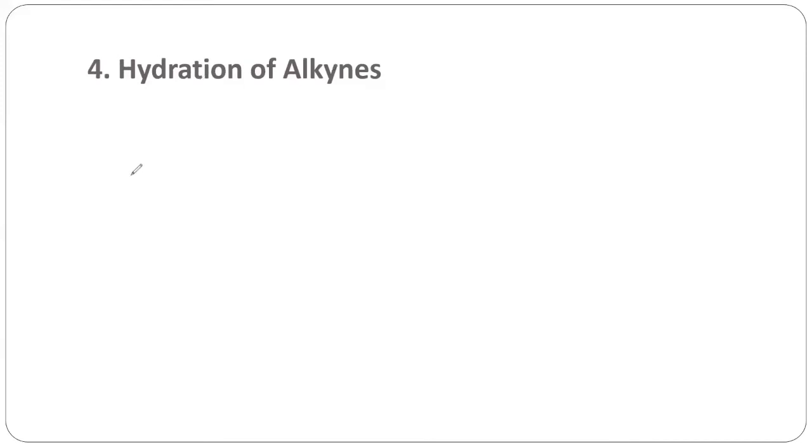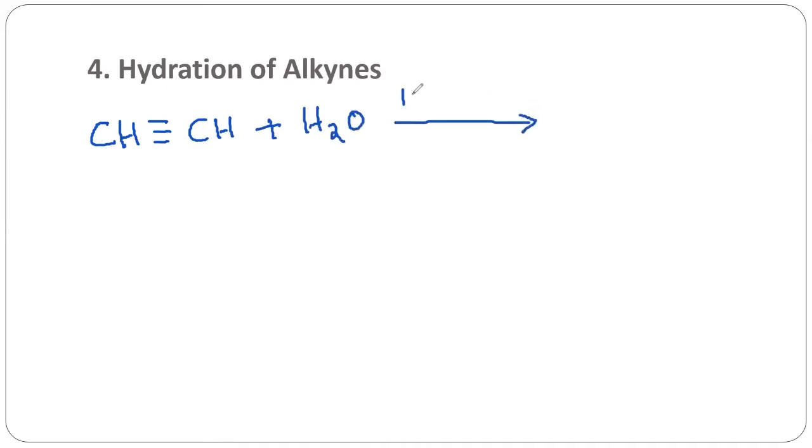Another method is the hydration of alkynes. Let us start with the simplest alkyne, that is ethyne. Ethyne is hydrated in the presence of mercuric sulfate and sulfuric acid, Hg2 plus ions and H plus ions.